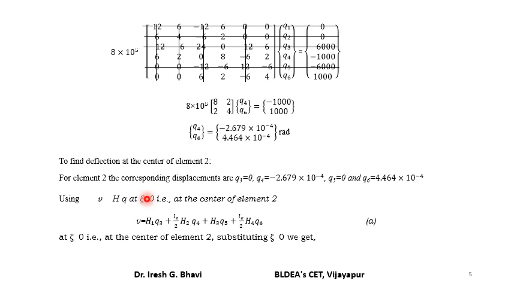Hence zeta is equal to 0 at the center of element 2. Hence v is equal to h into q, that is h1 q3 plus le by 2 into h2 q4 plus h3 q5 plus le by 2 into h4 q6, where h1, h2, h3, h4 are the Hermite shape functions. Hence first we have to evaluate the Hermite shape functions h1, h2, h3, h4 at zeta equal to 0.